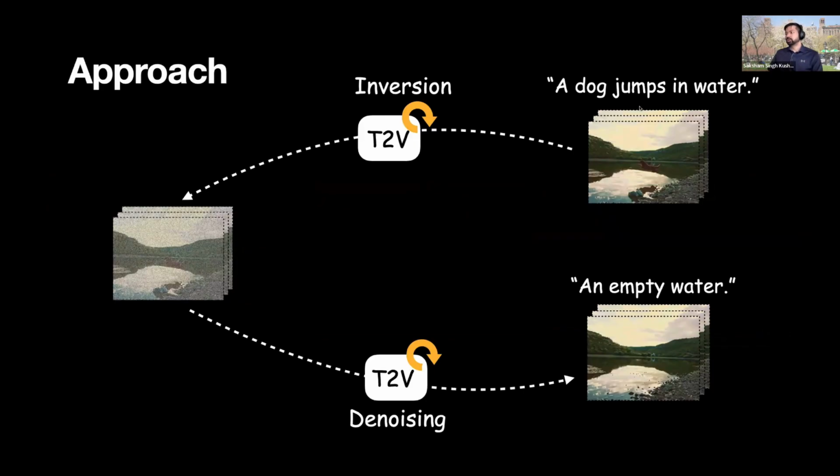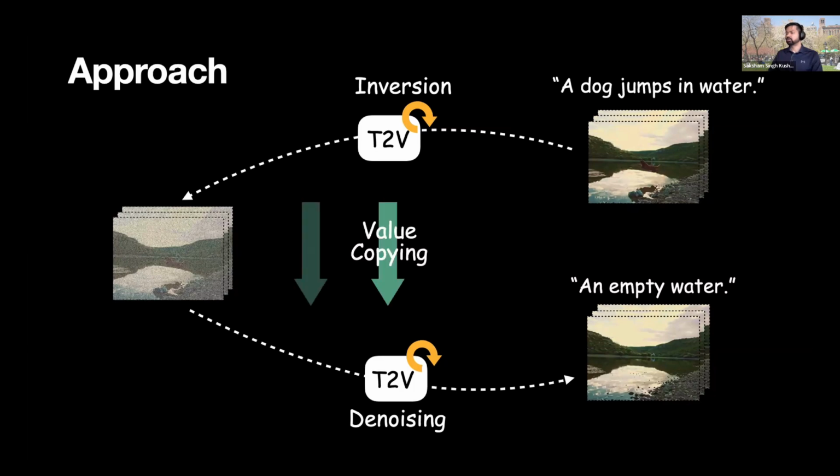So in inversion and denoising, we start with the input video and its caption, and then we map it back to the noise, and then from noise we map it back to the video space distribution with our desired text or caption. Here, we want to remove the dog, so the target caption is an empty water body.